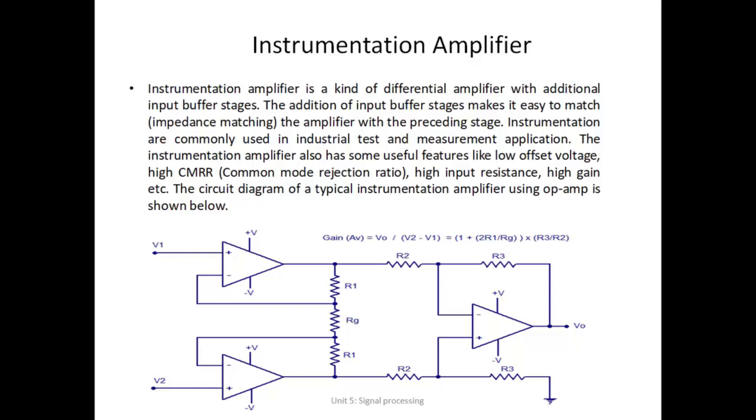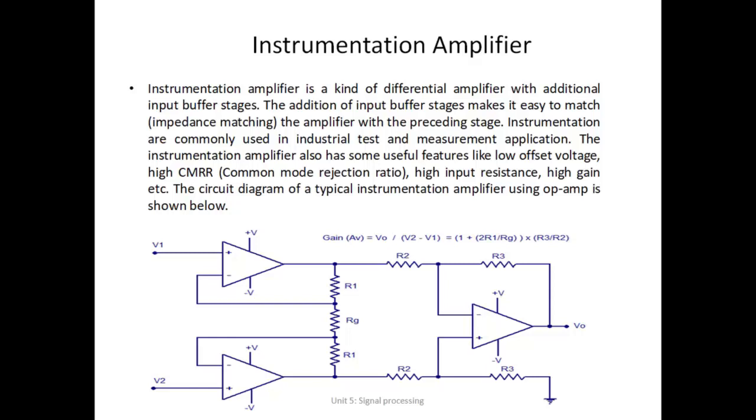These amplifiers are internally composed of three op-amps. You can see in the figure, we have three operational amplifiers. These are arranged in such a way that one op-amp buffers each input and one produces the desired output with adequate impedance matching for the succeeding unit. This is the most important and unique characteristic of this amplifier, that impedance matching can be done in it.